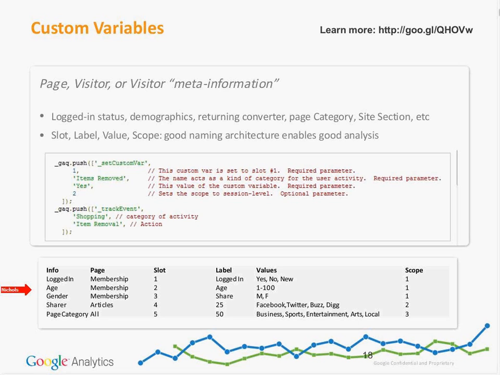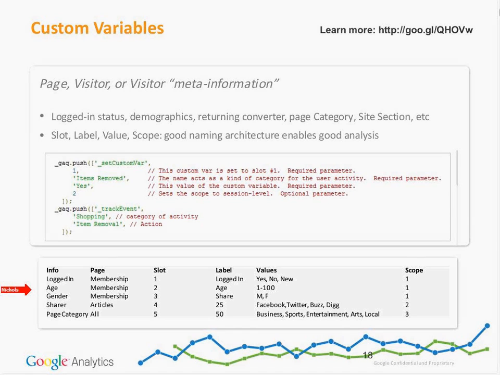Then you will want to not overwrite that slot because then you'll lose what you're trying to track the visitor for. So if you want to know, this person signed up as a member, I want to know what members do every time they return. Well, slot number 1 is now dedicated to assigning their membership status at a visitor level. So if you overwrote that with a page at some point, it would forget that it was a member, and you would have to somehow reassign it, and again, not override it.